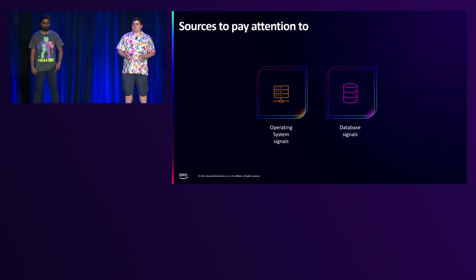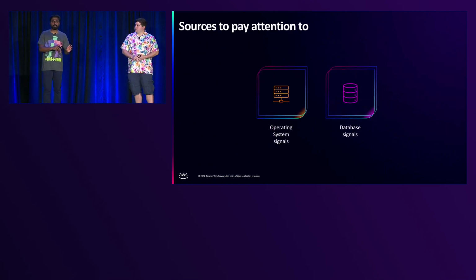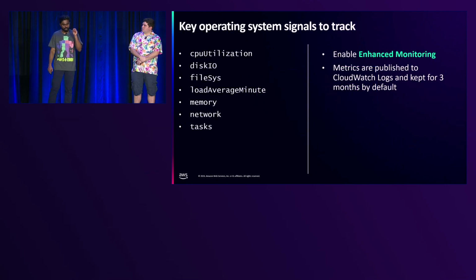Now, what types of tools do we have to be able to monitor our databases? First of all, there are two kinds of signals that you get from databases. One is the signals from the underlying operating system and the infrastructure, and the other set is from the database engine itself and what is happening inside the database. So we strongly recommend enabling enhanced monitoring.